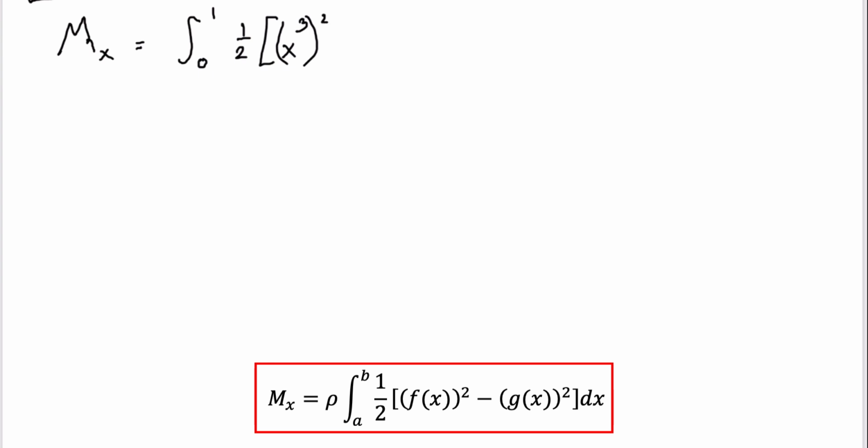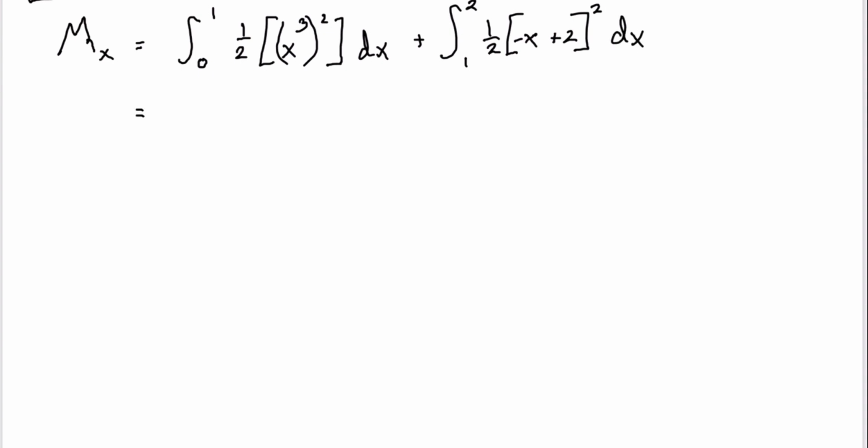And then g of x again is 0. Don't need to write that. Then the second integral is from 1 to 2. 1/2. This time we're looking at negative x plus 2, squared, minus g, which again is 0.